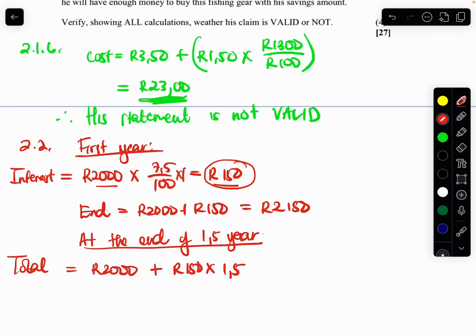I hope I do make sense. So we times that by 1.5. So the answer there, if you punch it in the calculator, it's going to be, let me quickly do it.